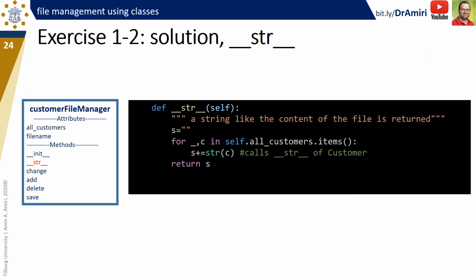The str method is also the same as the str that we created for the class point file manager. We need to create an empty string, then traverse the dictionary and try to call the str for the customer record manager, so that we can have a string that follows the pattern of a record in the file, and then add it line by line to S and then return S.